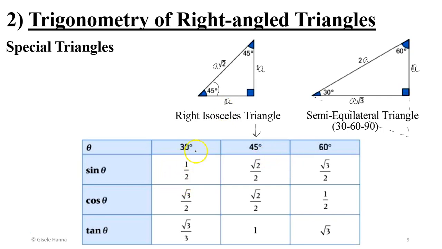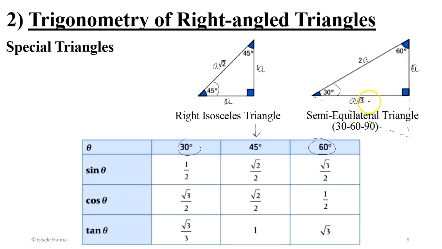Now, in order to determine the trigonometric ratios of 30 degrees and 60 degrees, we'd have to refer to the semi-equilateral triangle. Now, over here, if we would start with the 30 degrees, this is the 30-degree angle here. So again, sine would be opposite over hypotenuse, which is half.